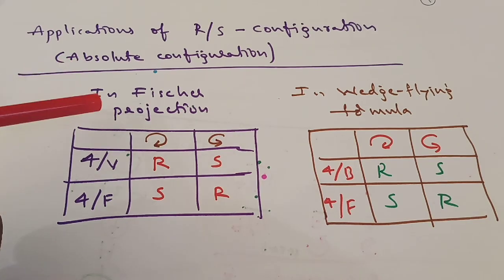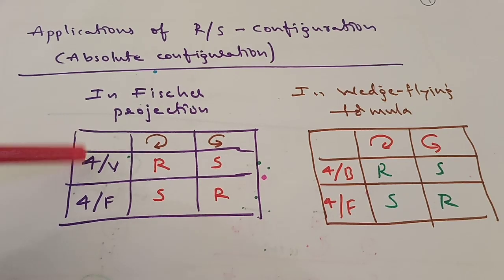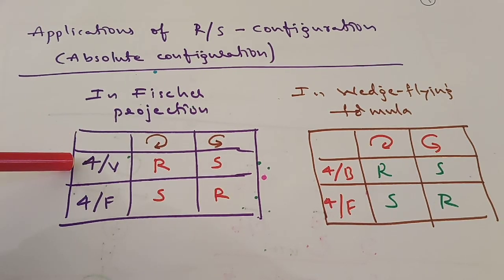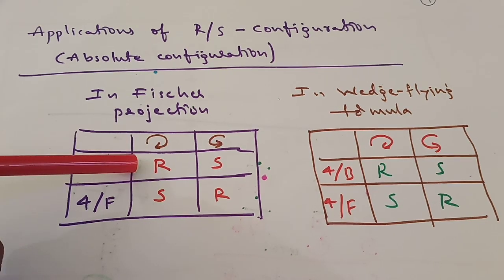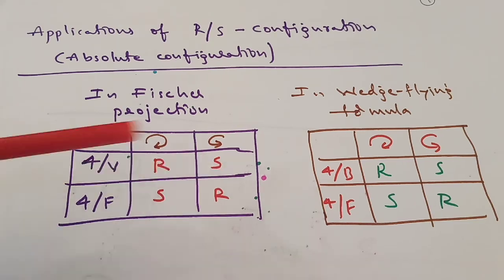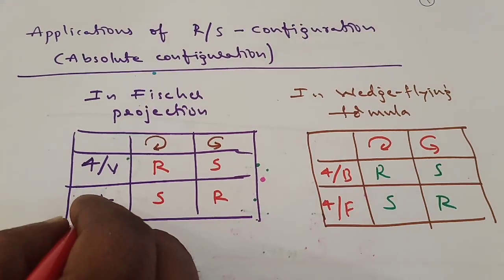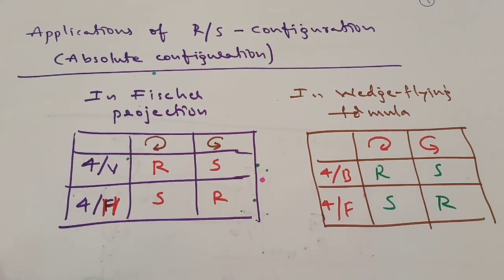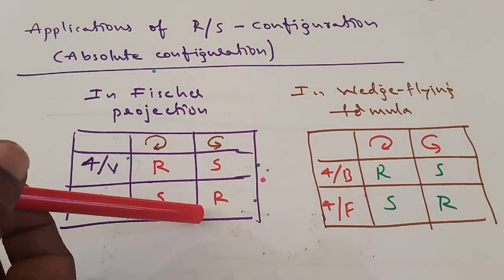In the Fischer projection formula, I told you this simple and super trick. Based on the position of the 4th priority group, if the 4th priority group is on the vertical line and our eye direction is rotating clockwise, the configuration will be R. If it is rotating anti-clockwise, it will be S. Similarly, if the 4th priority group is on the horizontal line, clockwise rotation represents S configuration and anti-clockwise represents R configuration.